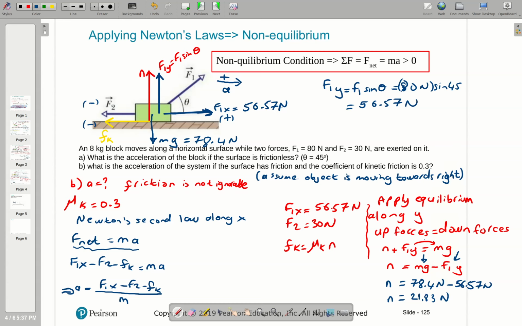Now I'm going to put them all in here. So A is equal to F1x... No, we're not ready yet. We'll put this guy here, right? So Fk is the one we need. Fk is equal to, I'm going to go back to red here actually, Fk is equal to mu k n, right?